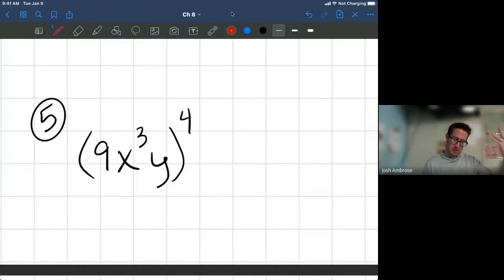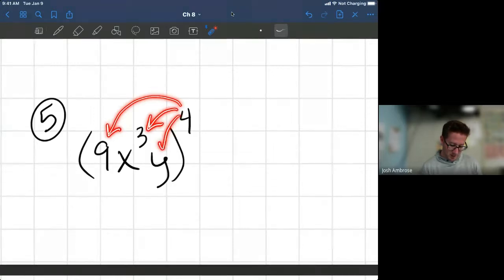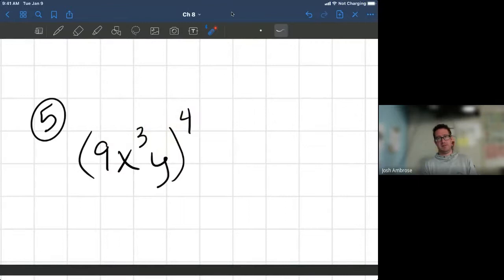Now we're stepping it up a little bit. If you ever have a full expression here, notice all of that's in parentheses, so that's an expression, then an exponent on the outside, you essentially are distributing this exponent into everything in the parentheses. So let's show that. We're going to have 9 to the power of 4.